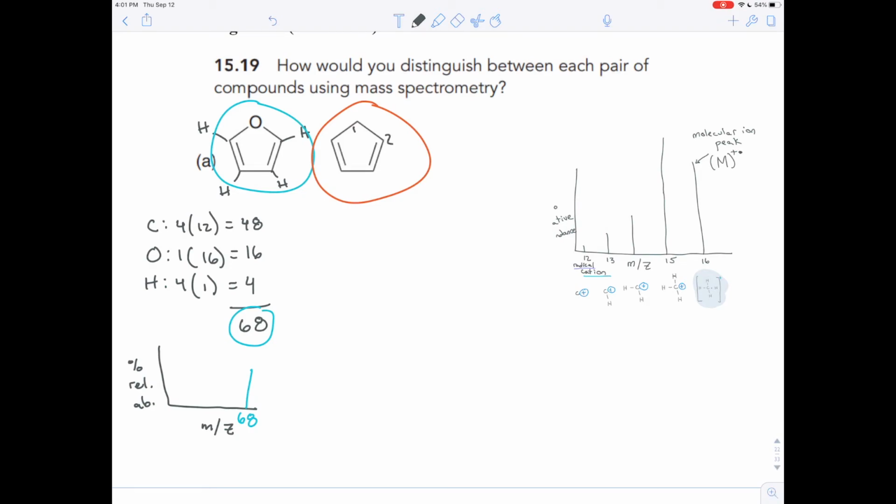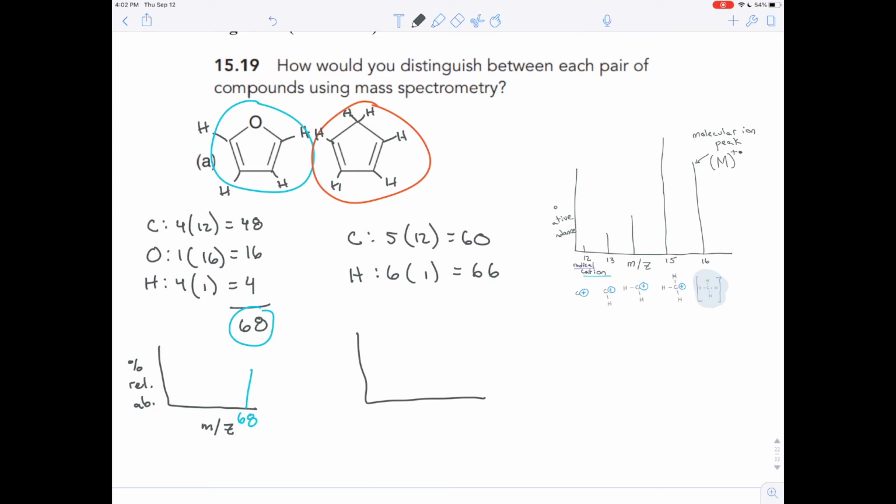Here we have 1, 2, 3, 4, 5 carbons. So we have carbon in this molecule and hydrogen, that's it. We have 5 carbons, each carbon weighs 12, so that's 60. And then for hydrogens, we have 2 at the top, 1, 1, 1, and 1. So that's 1, 2, 3, 4, 5, 6 hydrogens, and each weighs 1, so that's 6. Add that together, 66.